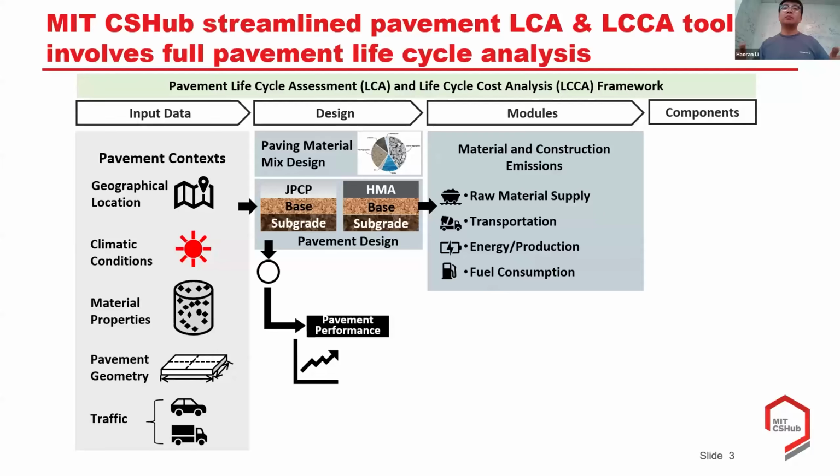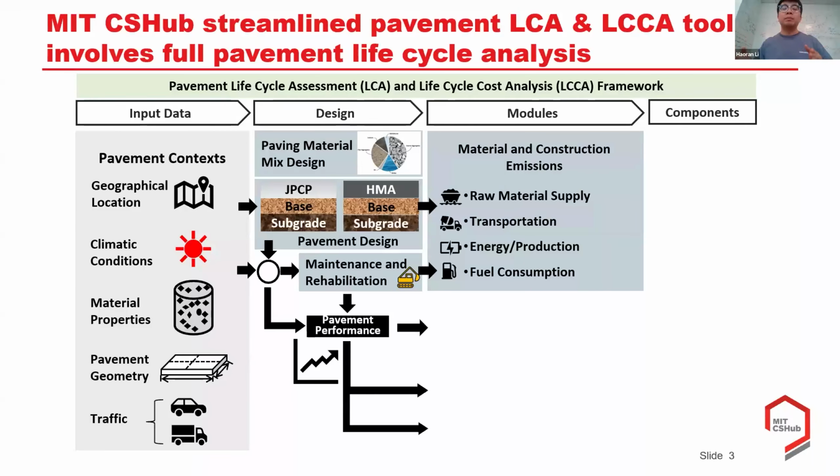But the long-term performance is another significant component that will impact distresses and also the use phase emissions and impacts, which also need the life cycle maintenance and rehabilitation, M&R. M&R will be used to evaluate the pavement's long-term performance through timely maintenance and rehabilitation to keep the pavement in good performance.